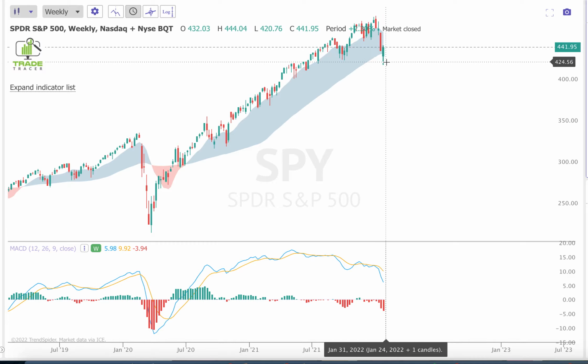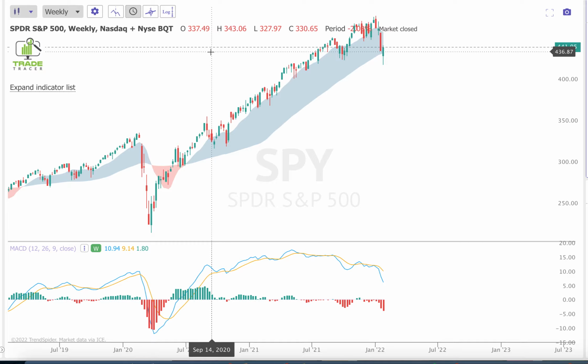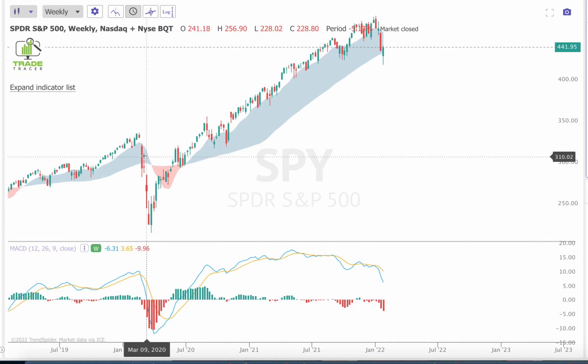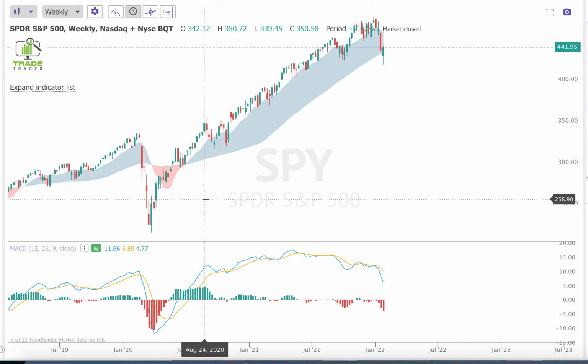So if we break last week's lows, all bets are off, right? Because then you're breaking below the 10-month moving average and also the 50-week moving average with price weakness confirmation. That's when you start to get defensive and prepare for a potential bear market, or at least a significant pullback like we got with the COVID lows.